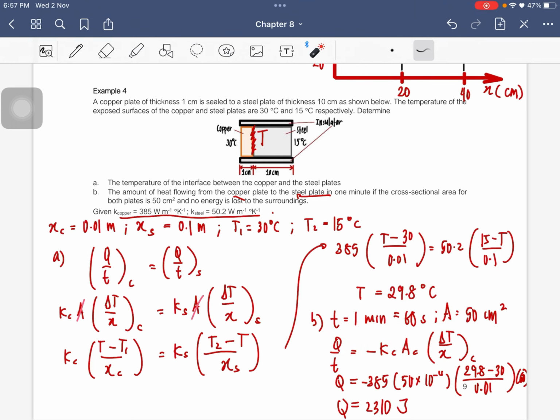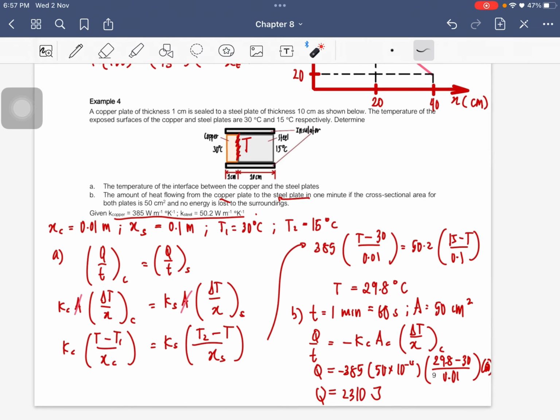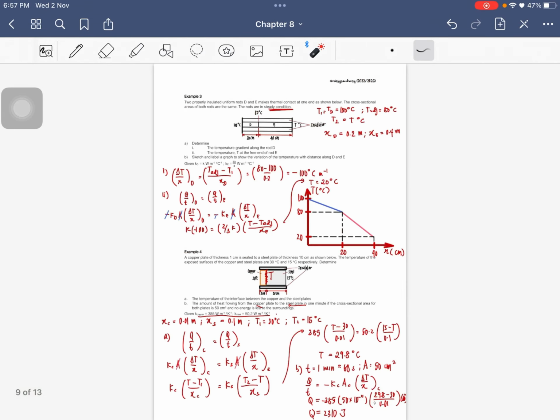Okay, so that is the solution for example number 4, and that is the end of subtopic number 3.